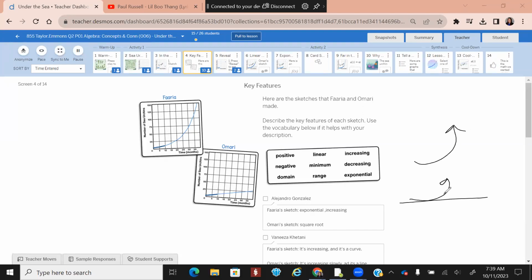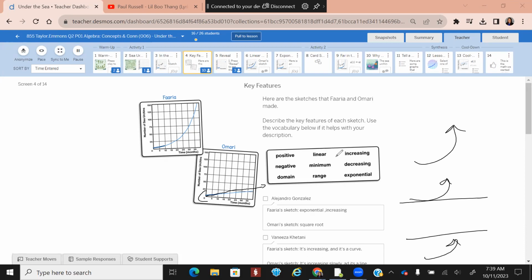Positive is, again, above the x-axis. You can be increasing and below the x-axis. At some point, yes, you will cross the x-axis and then you will become positive, but you can be negative and increasing. Does that make sense? A little confusing, I know. On Omari's, what kind of function is that?